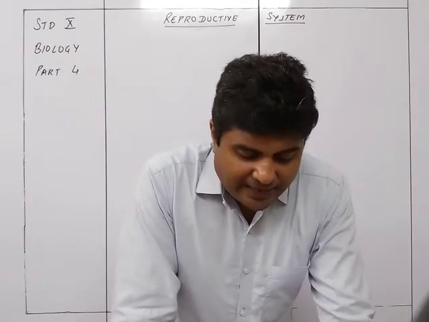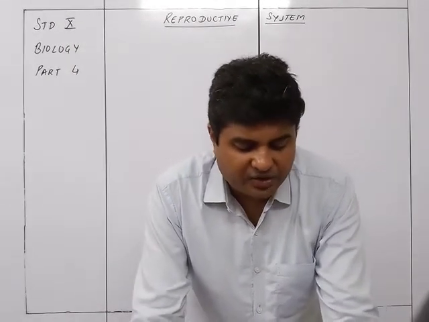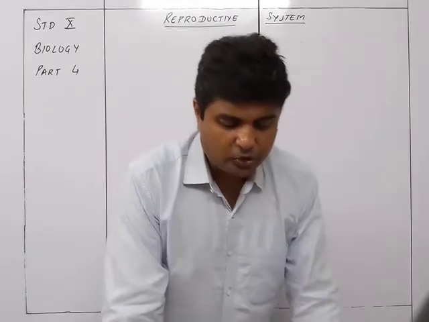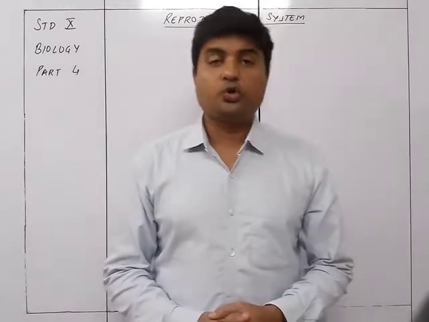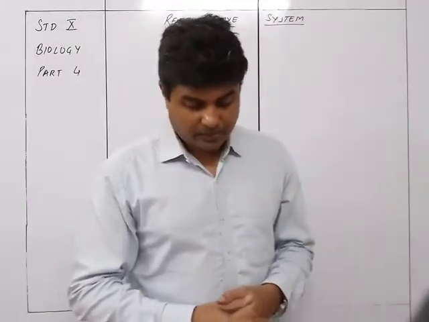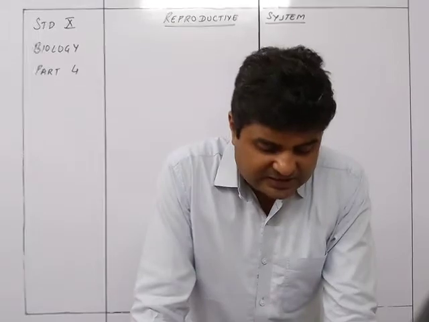Sometimes two eggs are released from the ovaries at a time, and both may get fertilized to produce two individuals. Such twins produced from two eggs are called fraternal twins. Fraternal twins may be both boys, both girls, or one boy and one girl. Fraternal twins in all respects are like normal sisters and brothers.